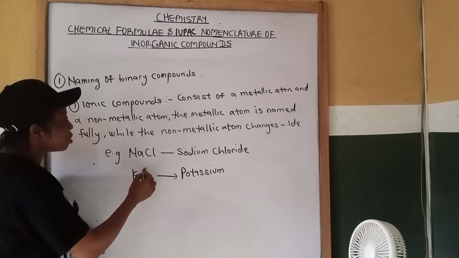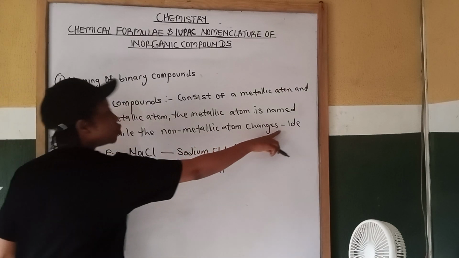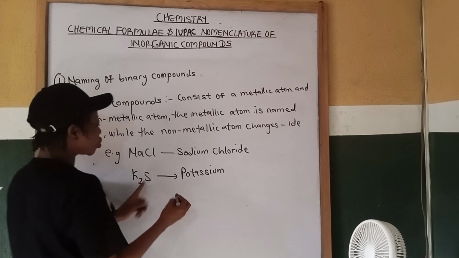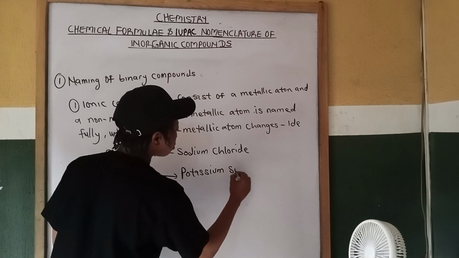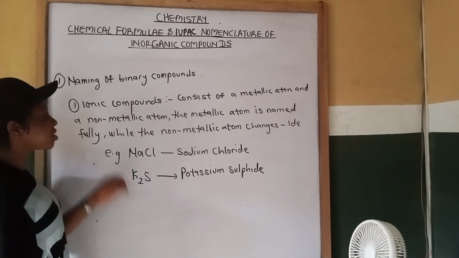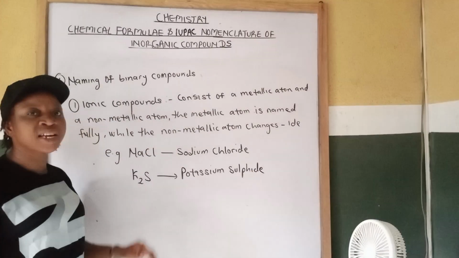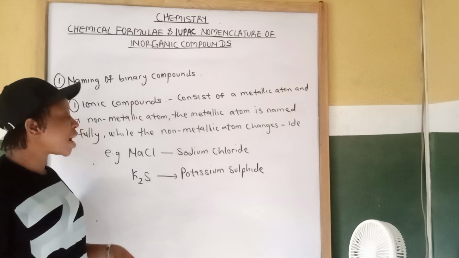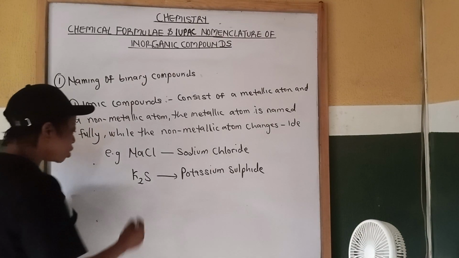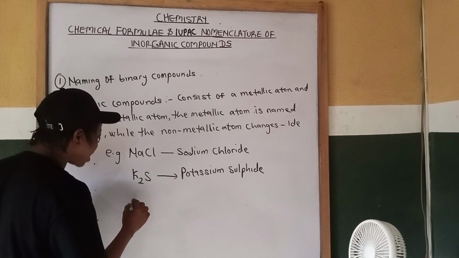Sulfur will change to -ide, so we call it sulfide. So the first atom, which is a metallic atom, will be named fully, while the non-metallic atom changes to -ide.